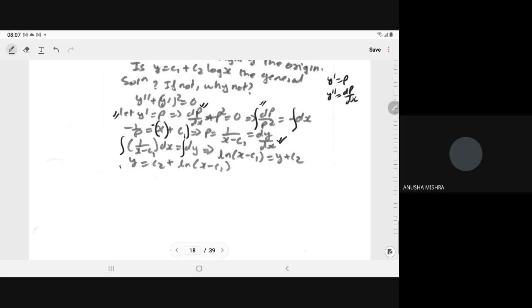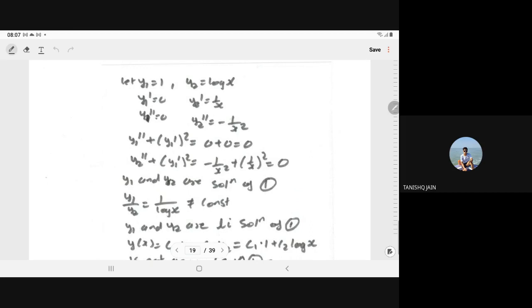It means y will be c2 plus ln of x minus c1. So this is the solution by reduction of order. Now we have to see another conceptual thing here.